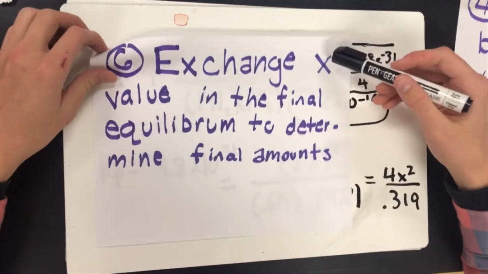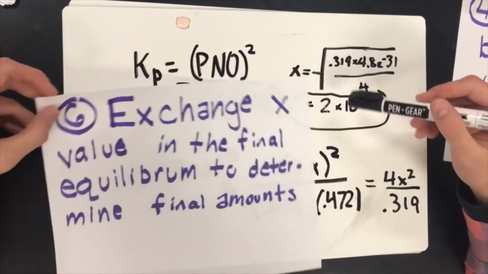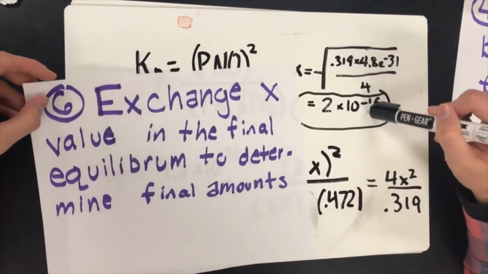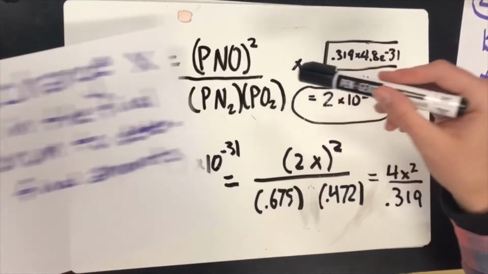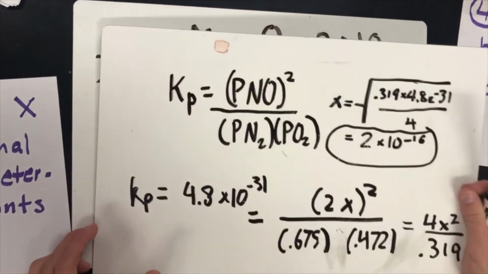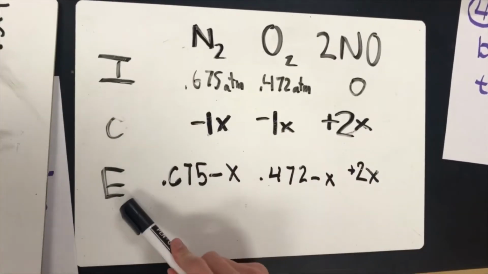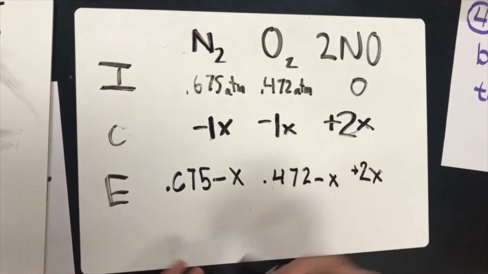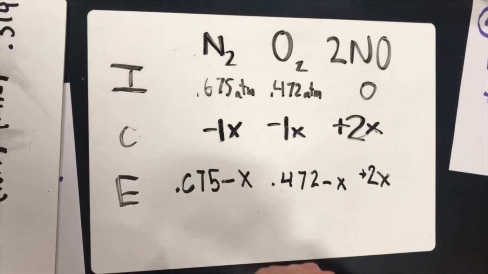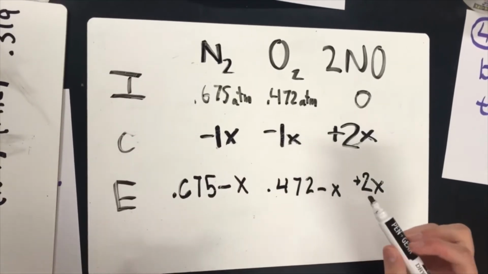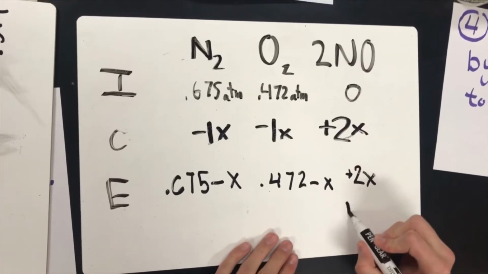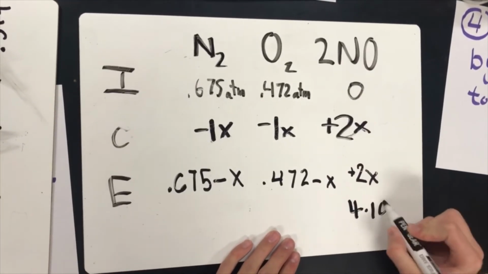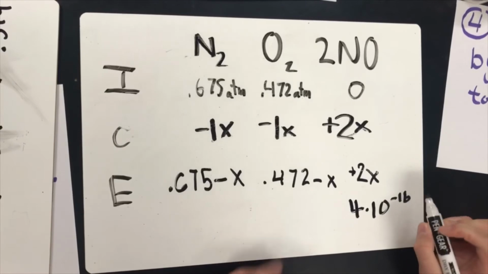So since we know that x is equal to 2 times 10 to the negative 16, we can then exchange that x value for the x in our equilibrium row. Once you do that and put it in a calculator, the NO is going to be equal to 4 times 10 to the negative 16.